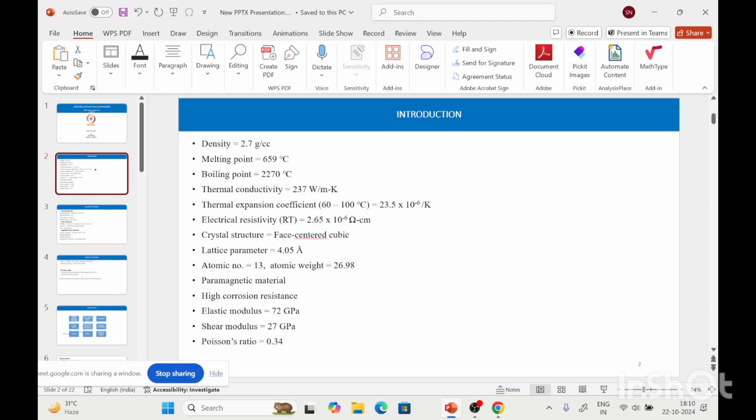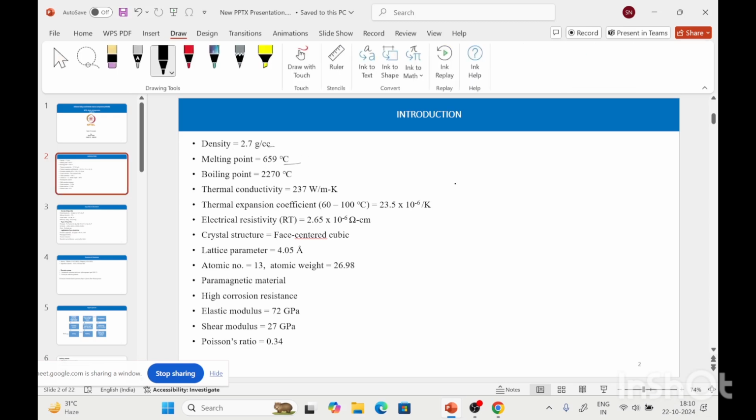so it has the density of 2.7, melting point 660 degrees Celsius. The boiling point is 2270. It has high thermal conductivity, and we are talking about the pure aluminum properties. The thermal expansion coefficient of aluminum is generally 23.5 into 10 raised to power minus 6 per Kelvin.